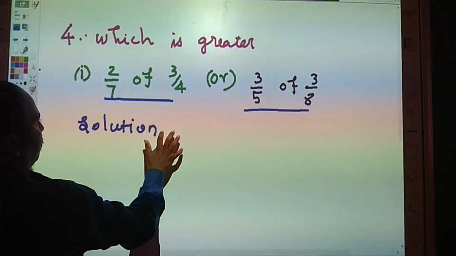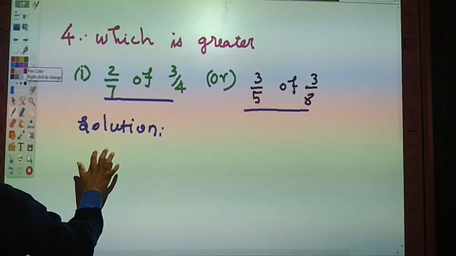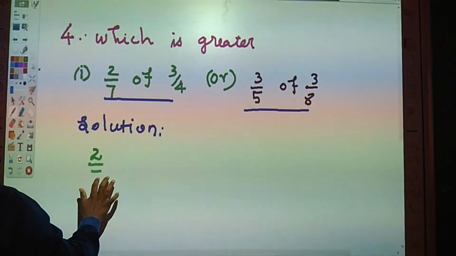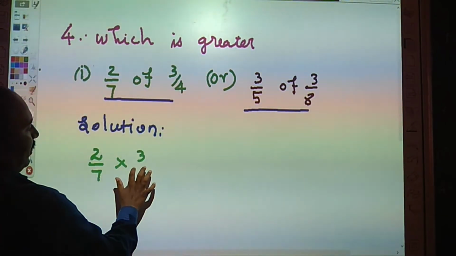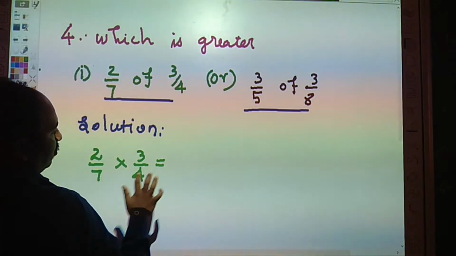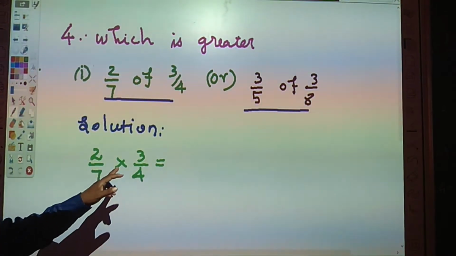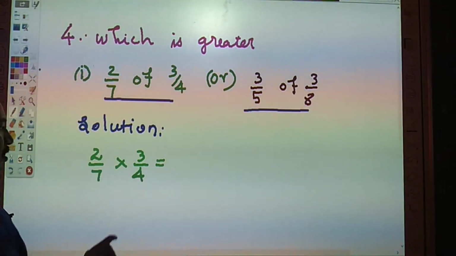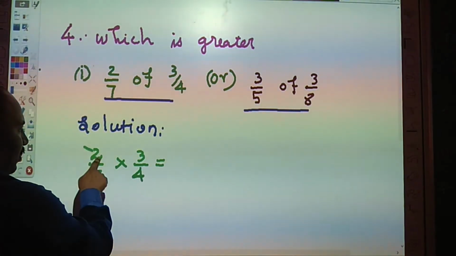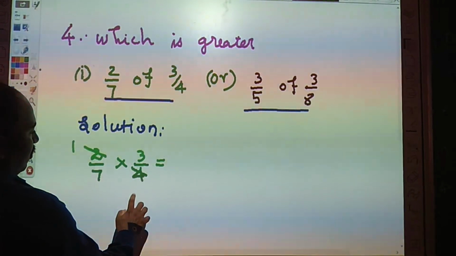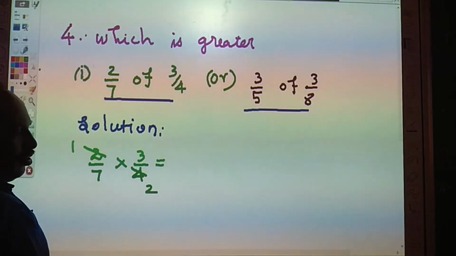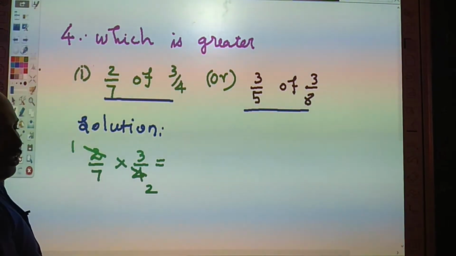The first part, 2 by 7 of 3 by 4, means 2 by 7 into 3 by 4. We cancel 2 and 4 using the second table: 1 2 is 2, 2 2s are 4.